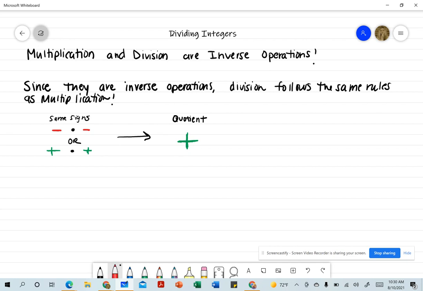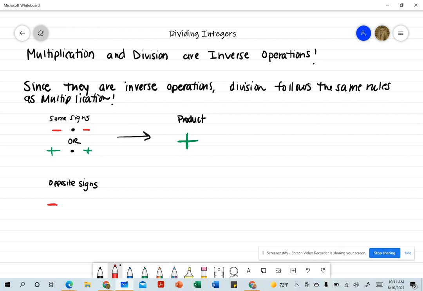Well, what if you had something like this? I just realized I put multiplication. We'll do product since I originally multiplied. What I will do on the second is do division. Remember, if they are opposite signs, and this time I'll set it up as a division problem because they're the same rules.